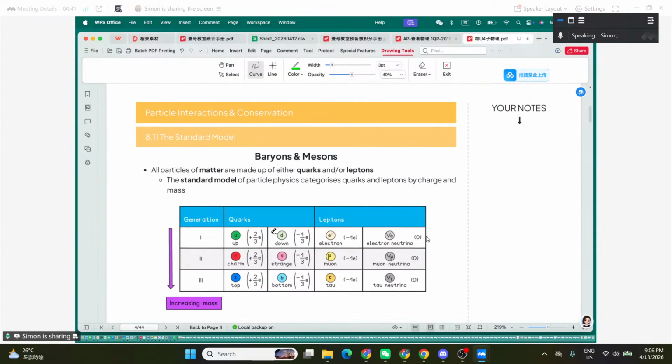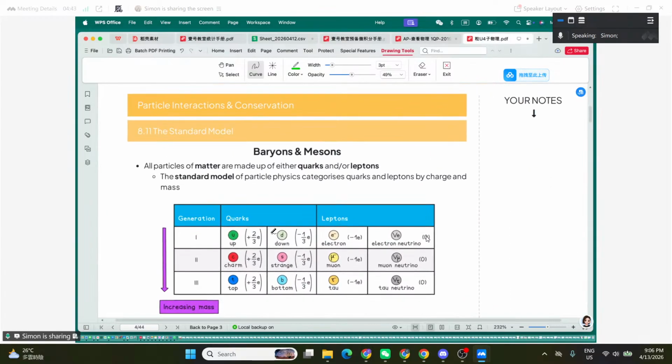And after we have learned the atom, we know the atom has three parts. The first part is the neutron, the second part is the electron, and the proton. And we want to redivide the atom, for example the proton.